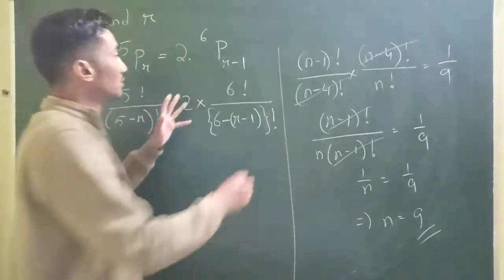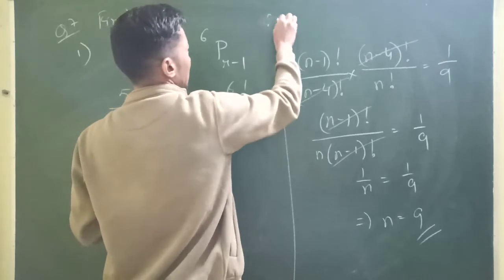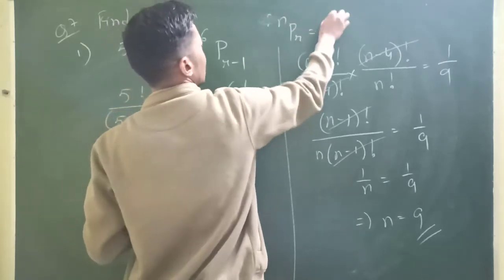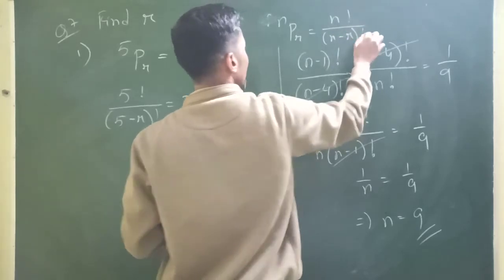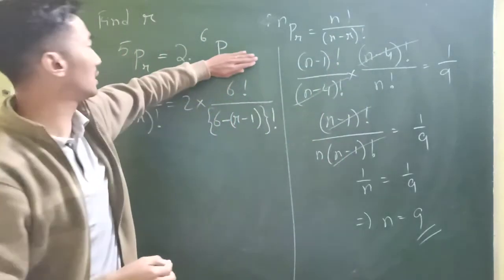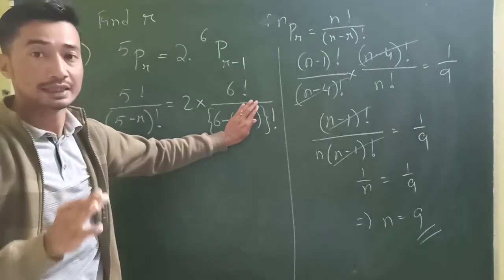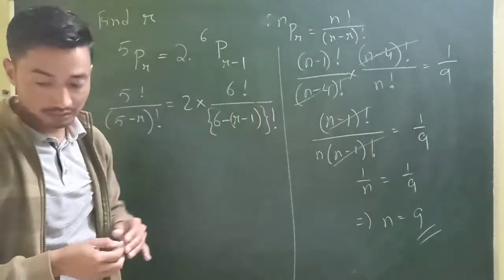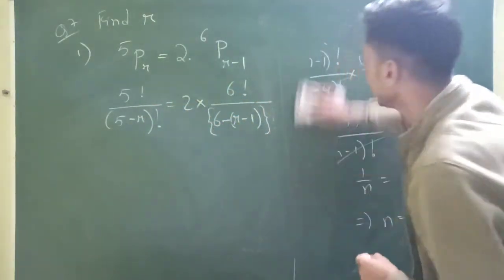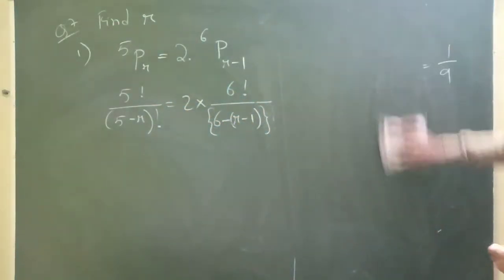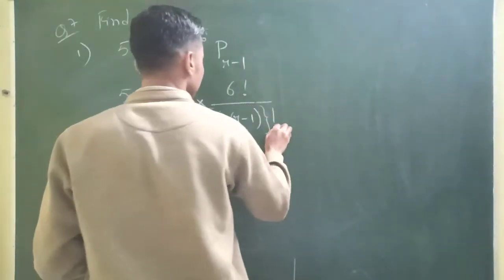The nPr formula is n factorial upon (n minus r) factorial. What is the value of r here? The value of r is r minus 1. So it's going to be minus of (r minus 1) in brackets. You have to be really very careful there. My dear students, do not lose marks for your silly overconfidence.